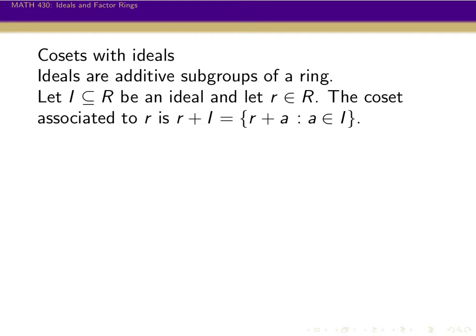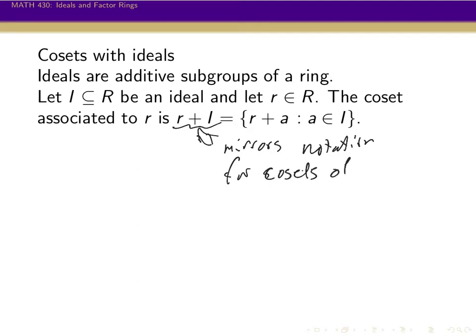And we're using this notation, which follows along with how we would talk about cosets for an additive group. The notation mirrors the notation for cosets of an additive group.